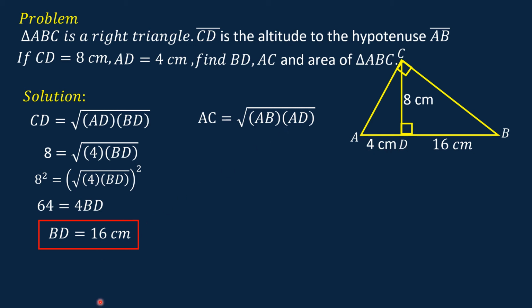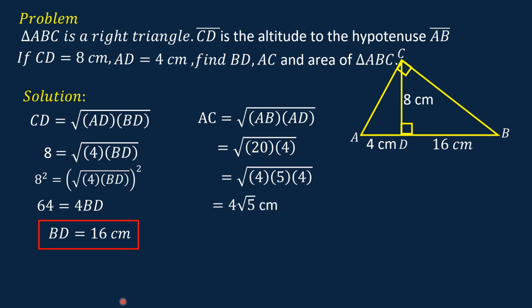So this is now equal to the square root of 20 times 4. 20 can be written as 4 times 5 because 4 times 5 is 20. 4 times 4 is 16. The square root of 16 is 4. So we can write this as 4 square root of 5. So AC is equal to 4 square root of 5 centimeters.